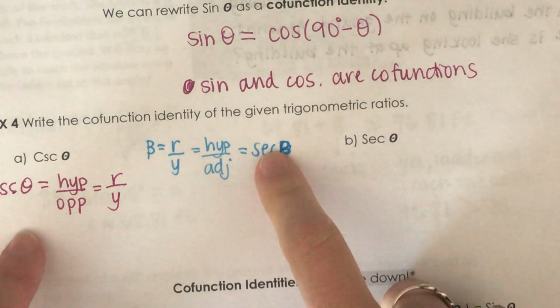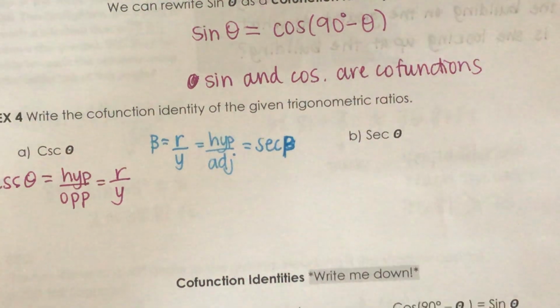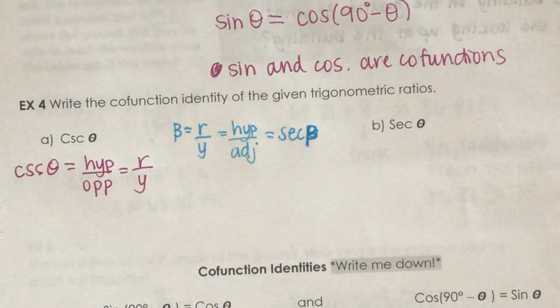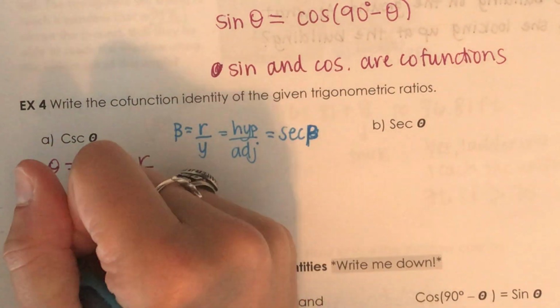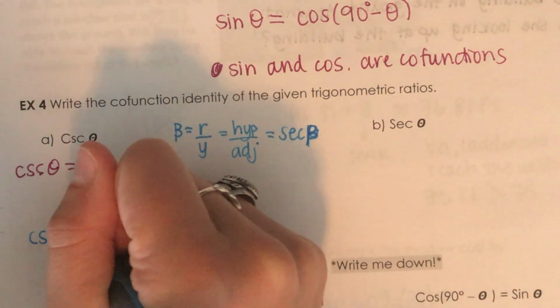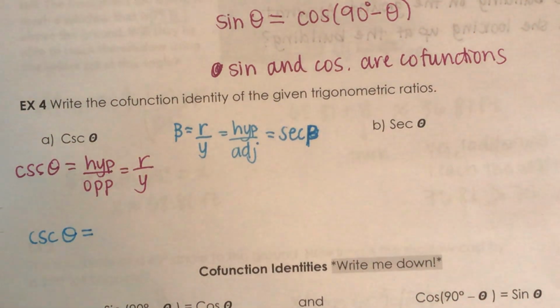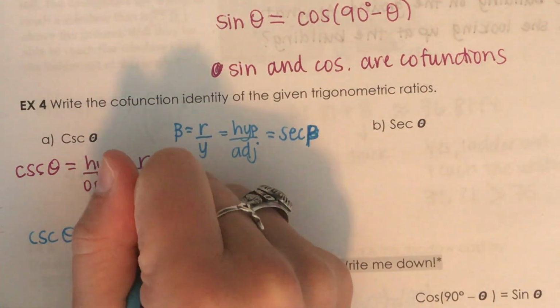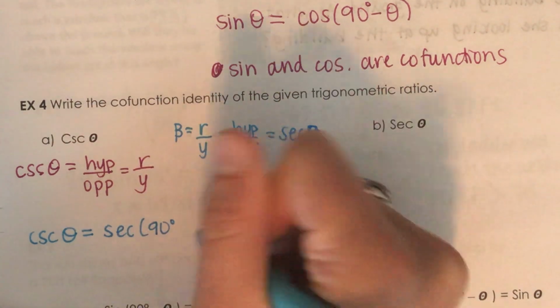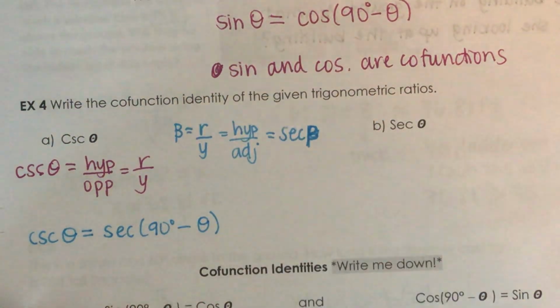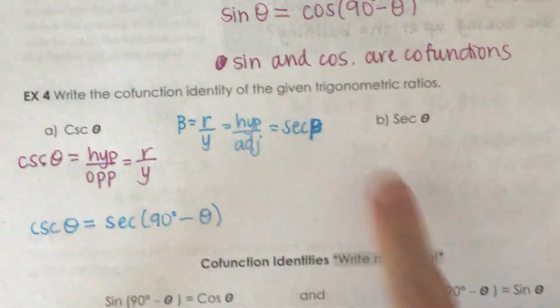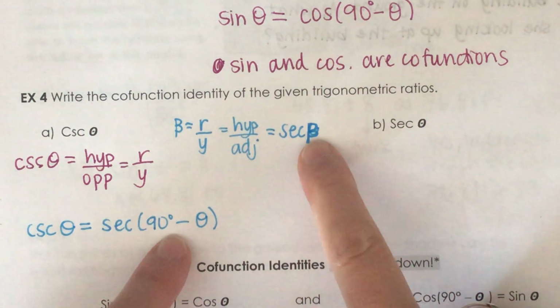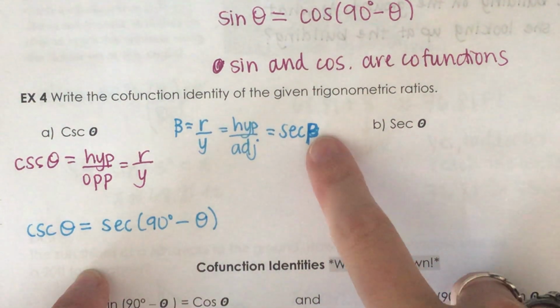So secant and cosecant are cofunctions of one another. So I can write the cosecant of theta is equal to, its cofunction identity, secant of 90 degrees minus theta. That will give me whatever's left over, which would be beta in this particular instance, right? So this is substituting in for beta.